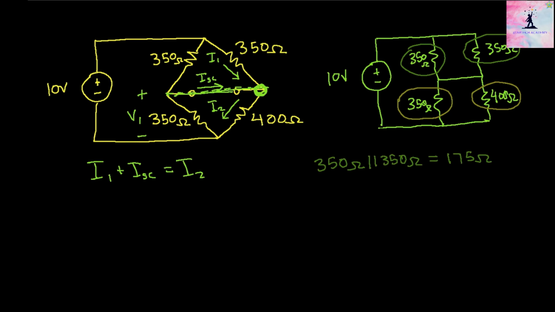If I have two resistances in parallel that have the same resistance, then the equivalent parallel resistance is just half their resistance. 350 in parallel with 400, this one I'll have to work out, is 350 times 400 divided by 350 plus 400, which gives an equivalent resistance of 186.67 ohms.